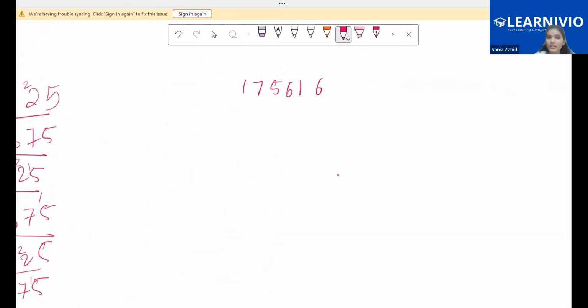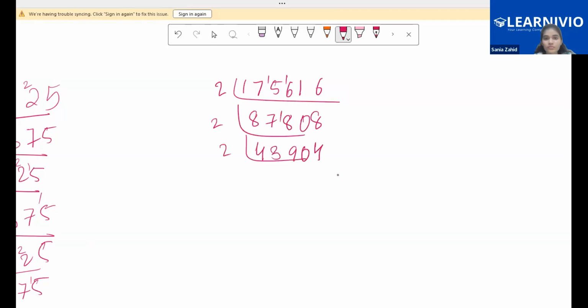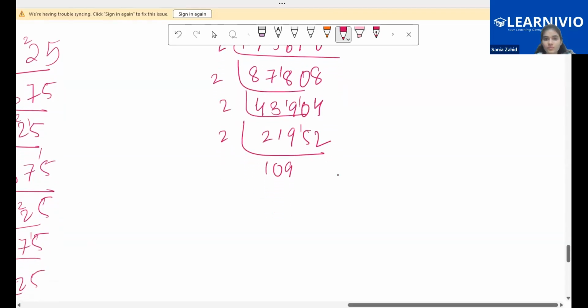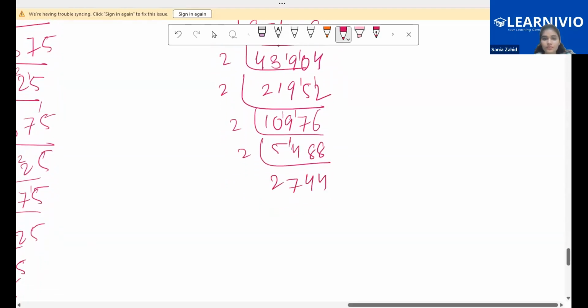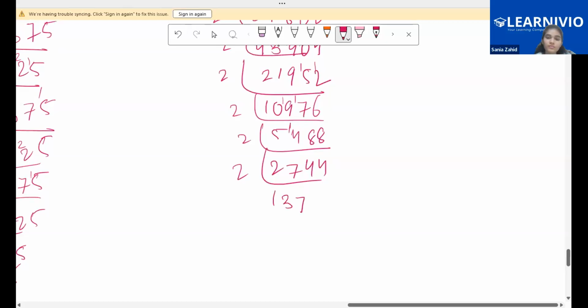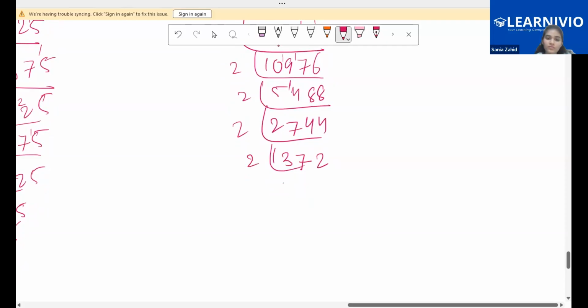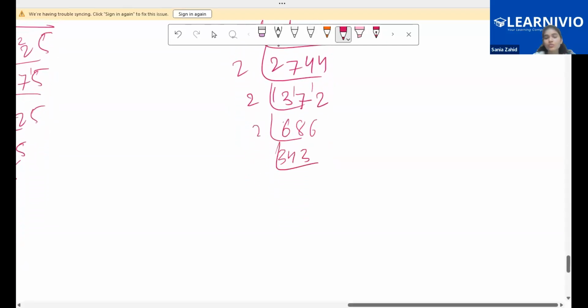So let's come to the third one now, children. Look here. With what number can I divide first? By 2, because it's an even number. Again by 2. 343 is not divisible by 2.